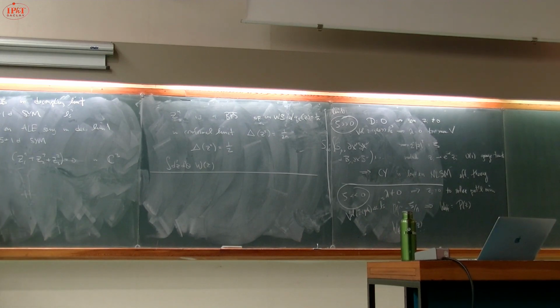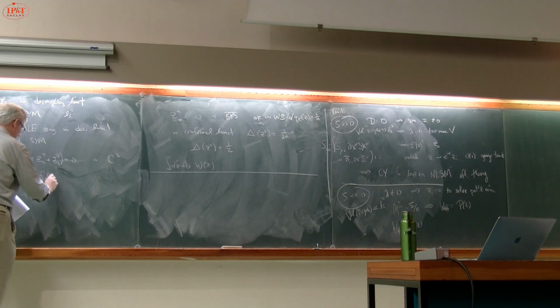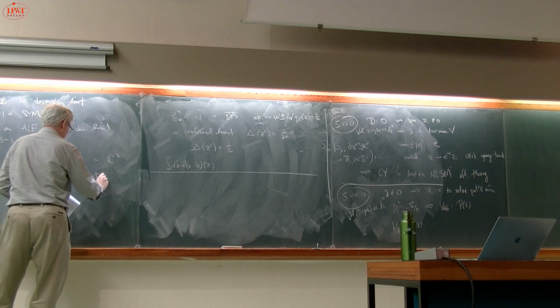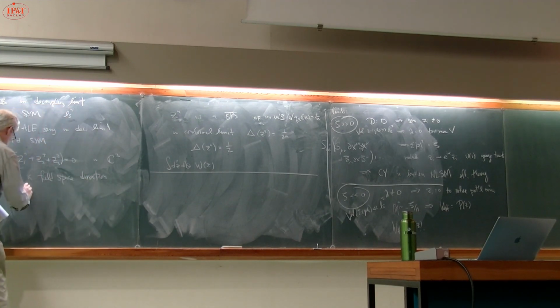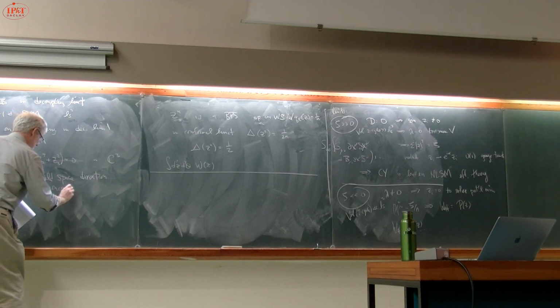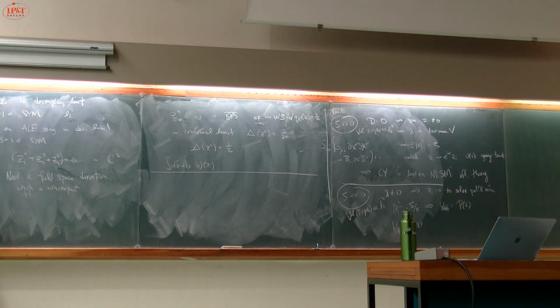But we need something that tells us there are directions we can go away from the singularity which are non-compact. And so we need a field space direction which is non-compact, i.e. the direction we can go away from this singularity out to infinity.